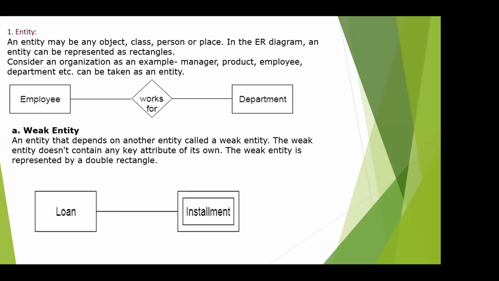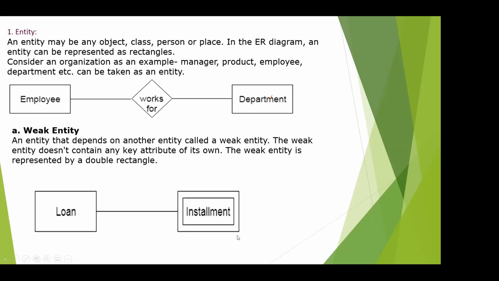This much amount will be sanctioned, and this is the installment for you each and every month. So the loan depends upon installment. Once you pay the installment, the loan amount will be reduced. That's why the installment entity always depends on loan.